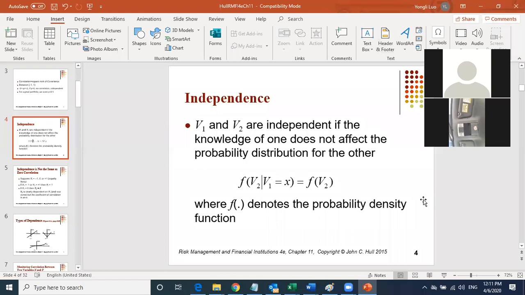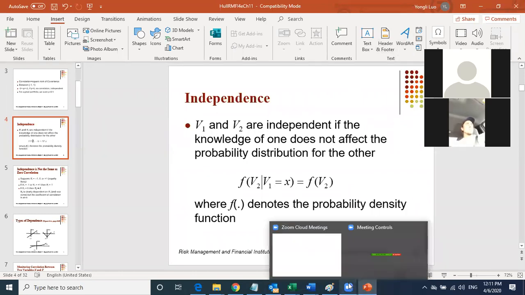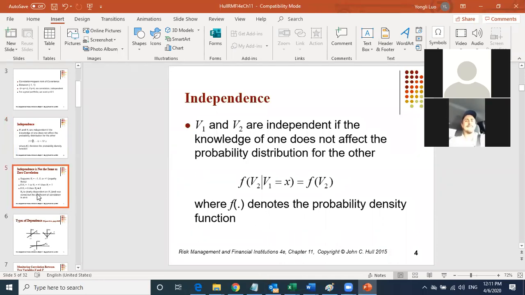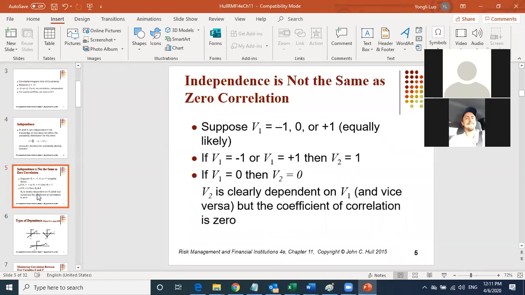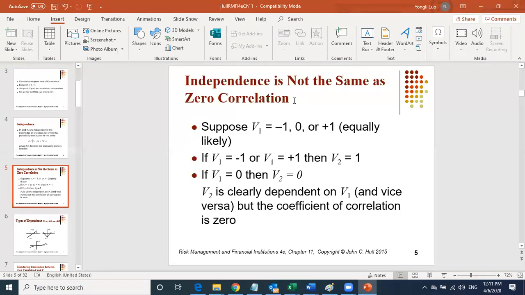Sometimes these two variables have a linear relationship, but sometimes the relation is not linear. So basically, independence is not the same as zero correlation. They are different things.